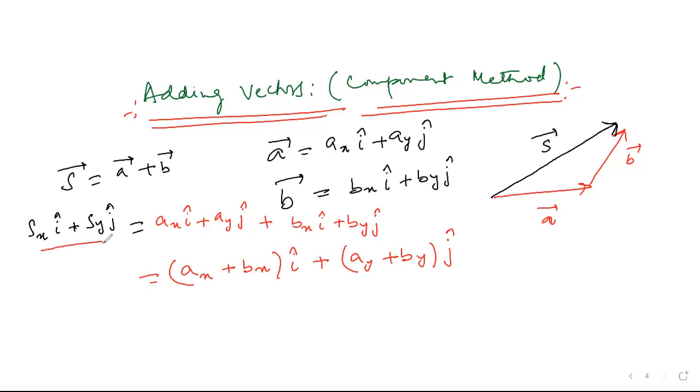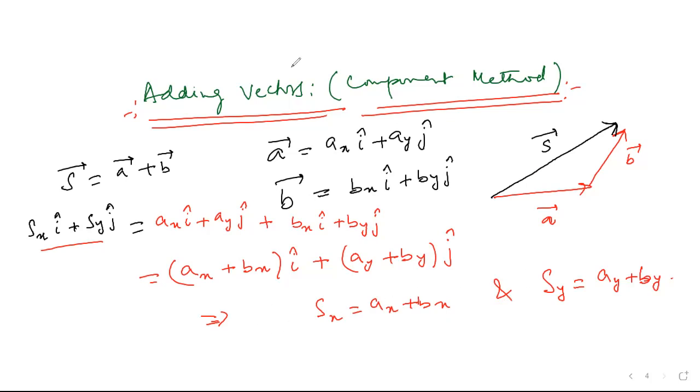If you check your left hand side and right hand side, Sx is equal to Ax plus Bx, and Sy, the y component of the sum vector, is Ay plus By. You can see from this also that two vectors are equal to each other only if their corresponding components are equal.